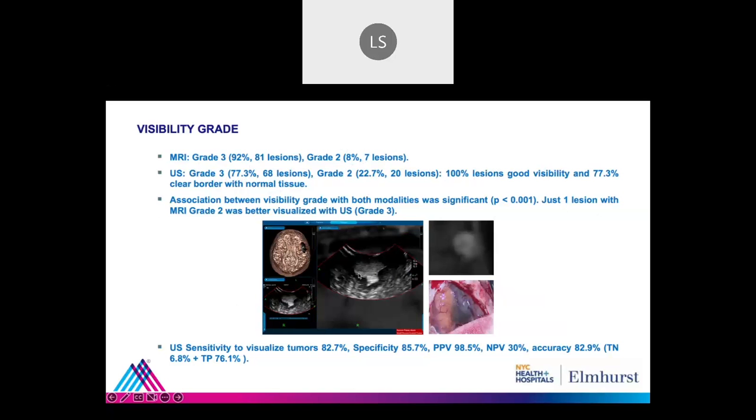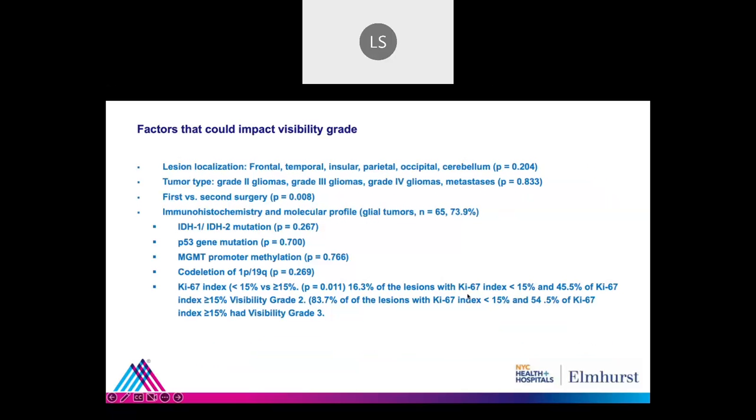And this is the only lesion that we showed before that had a better visualization with the ultrasound than with the MRI. It was a metastasis of a melanoma, and it had blood in it. Then we studied some factors that could have an impact on the visibility grade with the ultrasound.